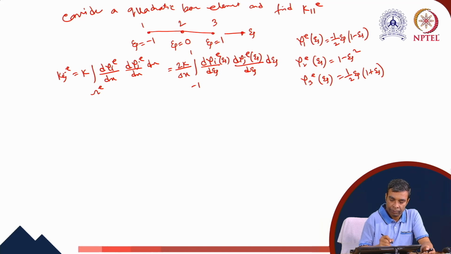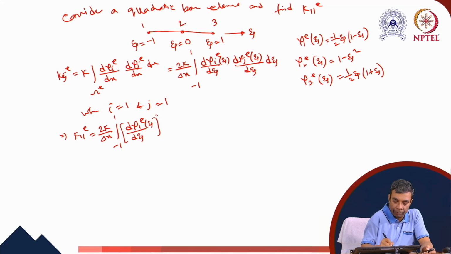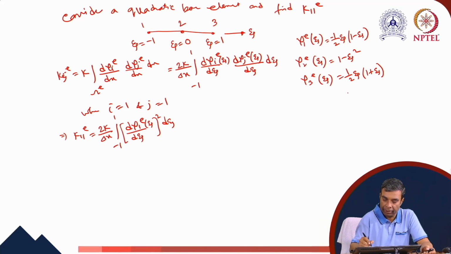So when i equals 1 and j equals 1, we get K11e equals 2k by delta x integration from minus 1 to 1 of (d psi1e/d xi) whole square d xi.